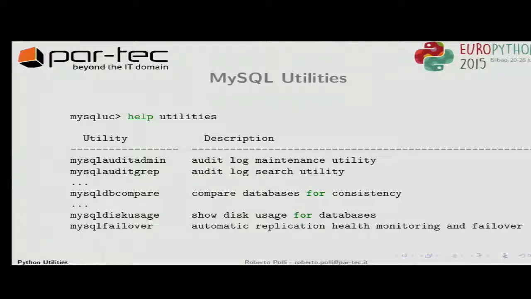We can check the audit log and compare databases, even the data. If I want to check if my 3 GB, 10 GB, or 100 GB database is correctly replicated, but I know that there is just one table to compare, I can compare just that table between two databases and check if this table is right.